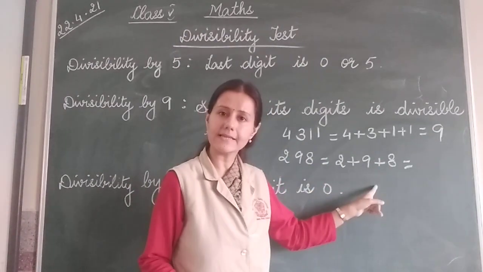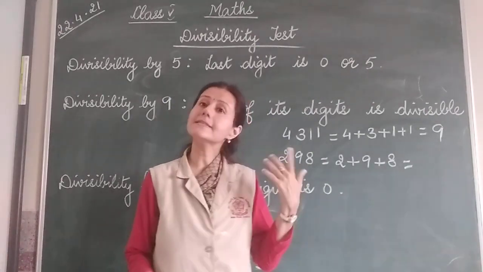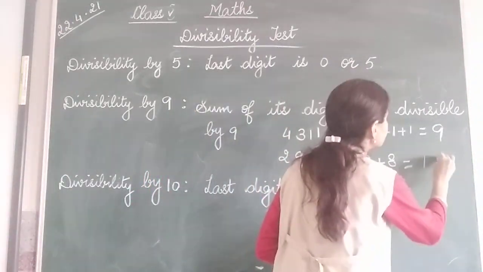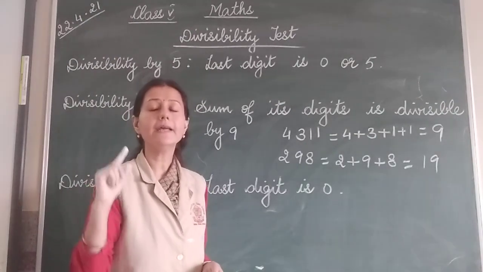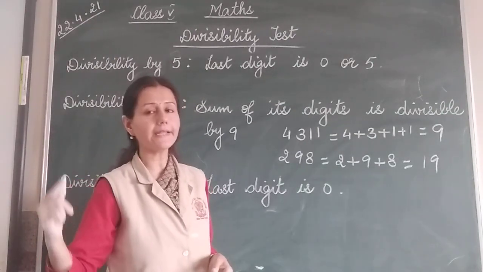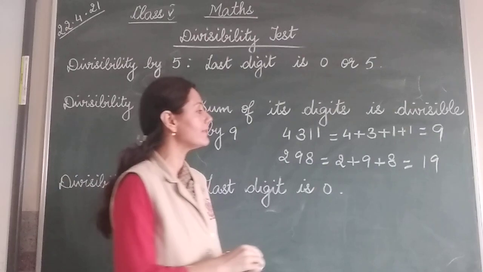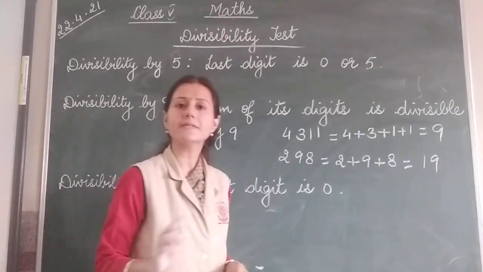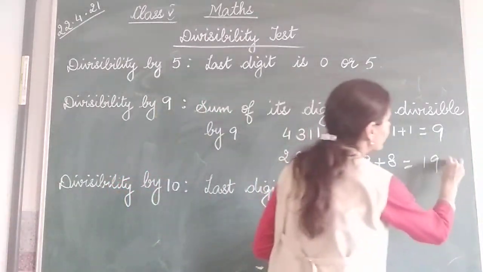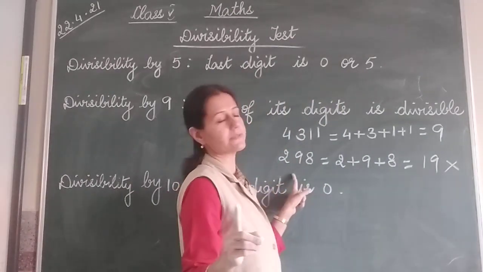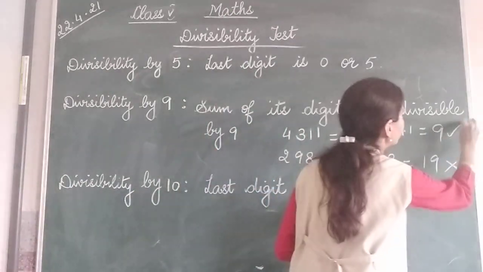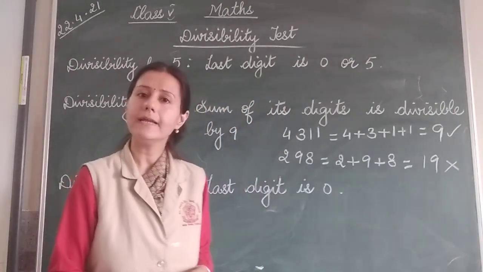The sum of the digits is coming out to be 19. 19 is not divisible by 9. 9 ones are 9, 9 twos are 18 and 9 threes are 27. 19 is not divisible by 9. So this number will not be divisible by 9. 298 is not divisible by 9 and 4311 is divisible by 9.